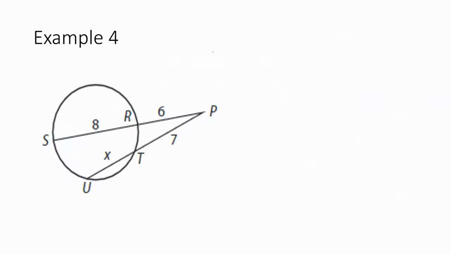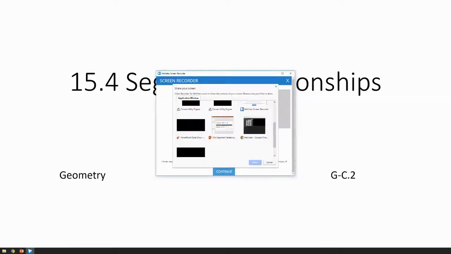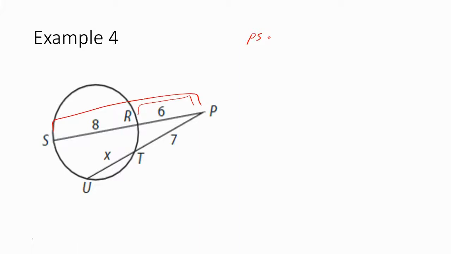All right, example 4. So let's see. We have SP or PS, which is the whole secant line, times the exterior, which is RP, which is just 6.